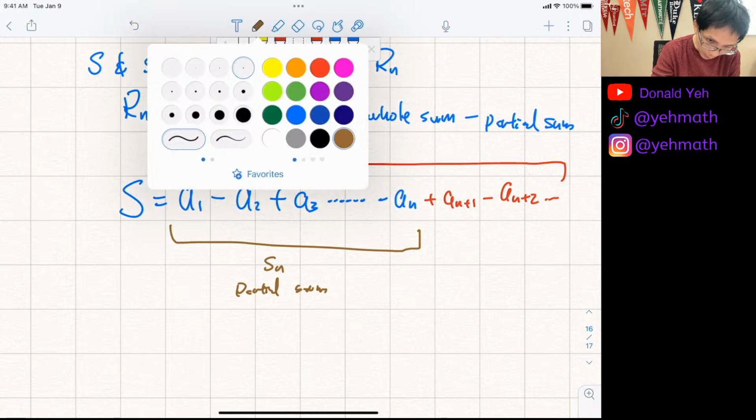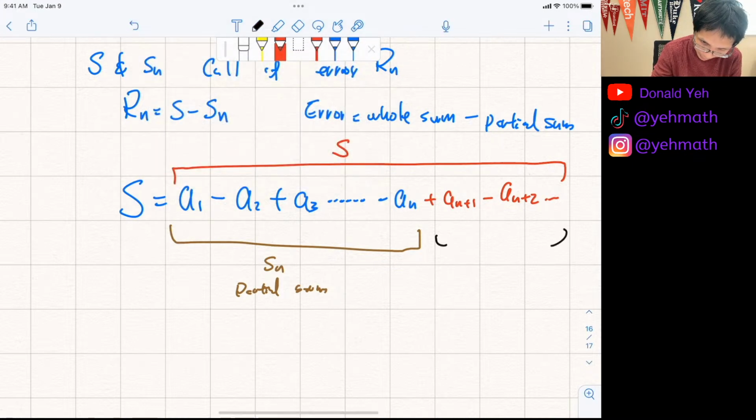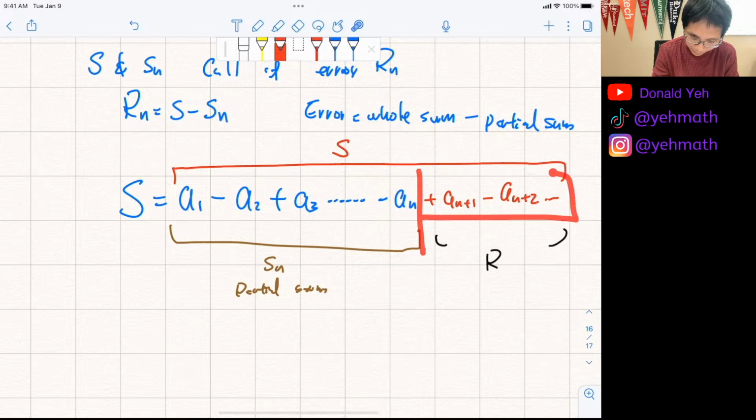This part is what we're interested in today. It is the remainder. You pay attention, it stopped right here. So the thing we want to pay attention to is A to the n plus 1.